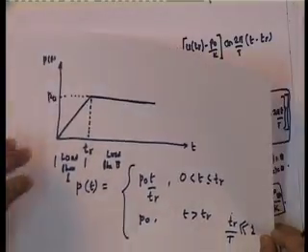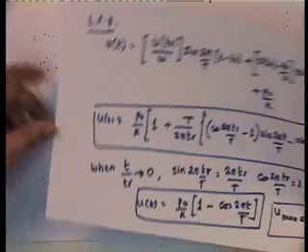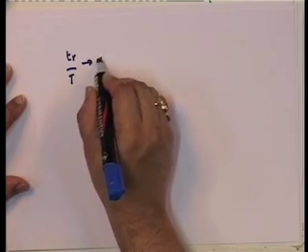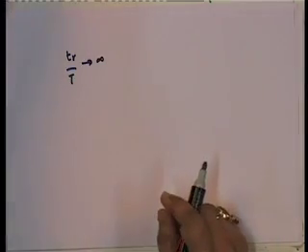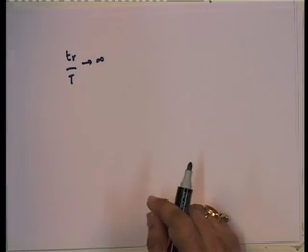We have derived this through this concept. Okay. Secondly, interestingly enough, if we take t_r upon t to infinity, in other words, what does that mean? That the rise time is exceedingly slow.